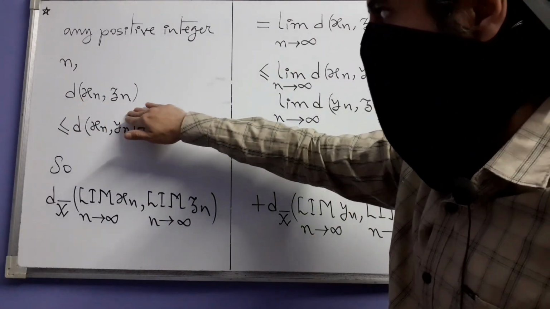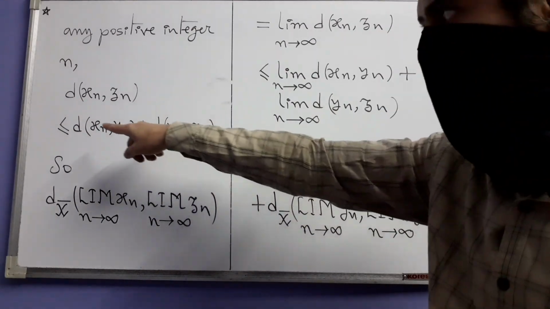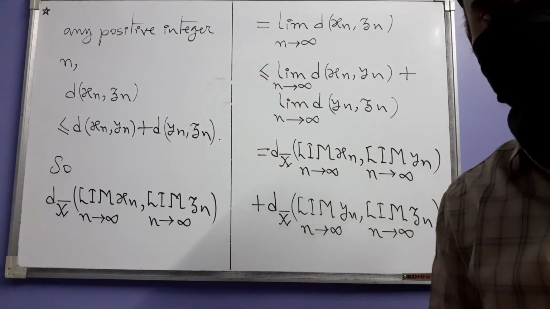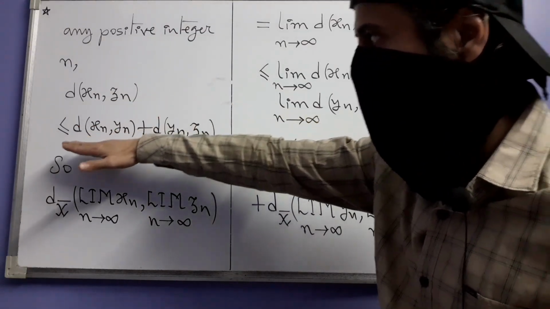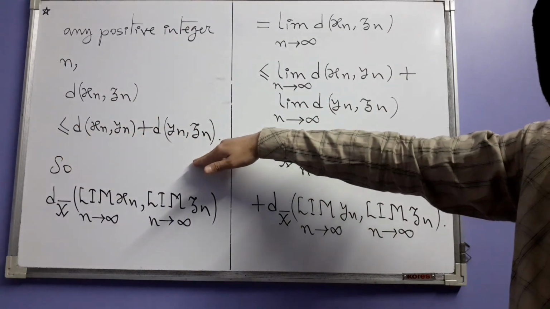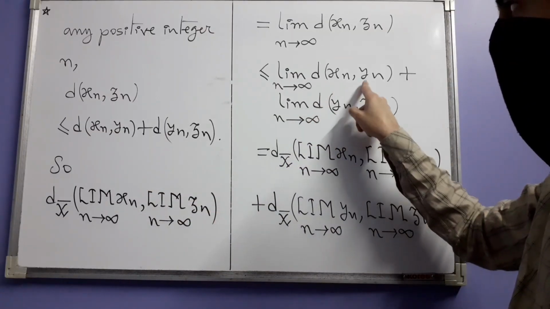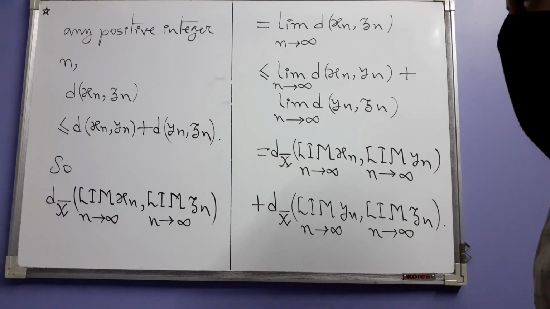So this sequence is convergent, this sequence is also convergent, and they are related by this inequality. So we have used the comparison principle. That way the limit of this will be less than or equal to the limit of this, which however by algebra of limits is equal to limit of this plus limit of this. That's how we are getting it.